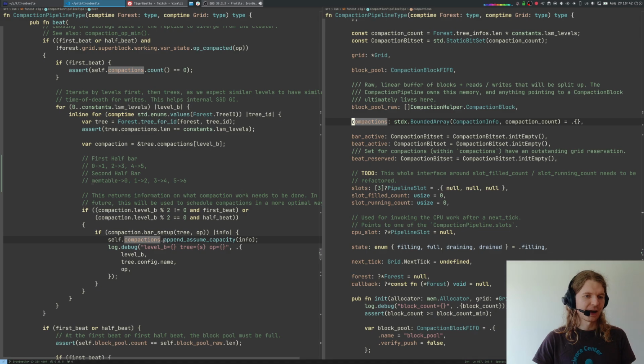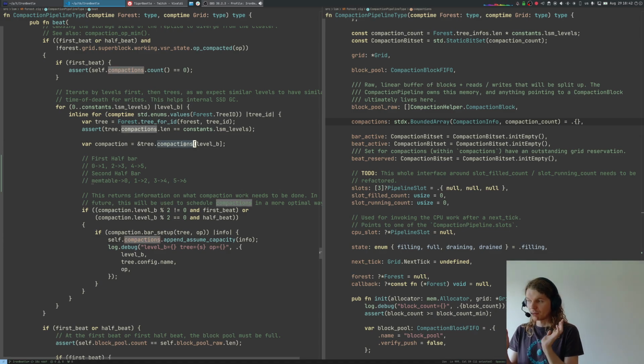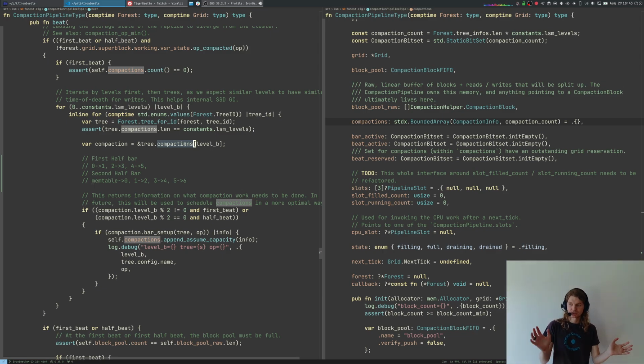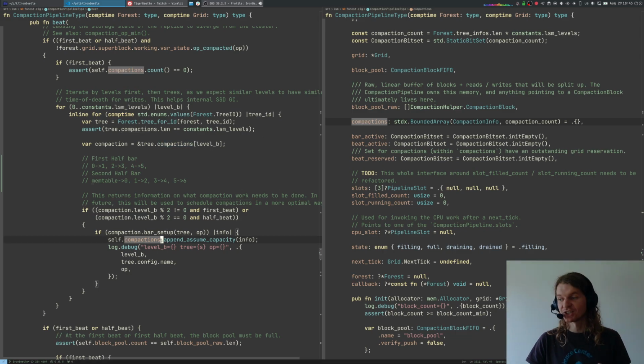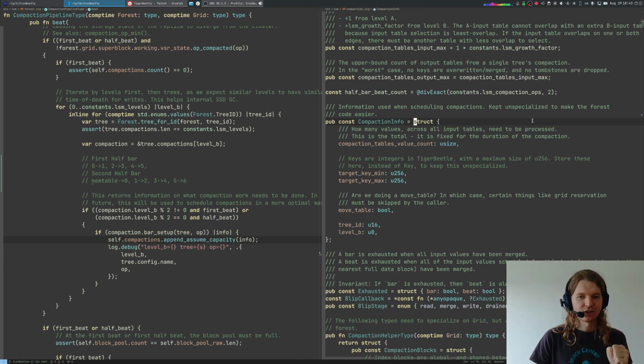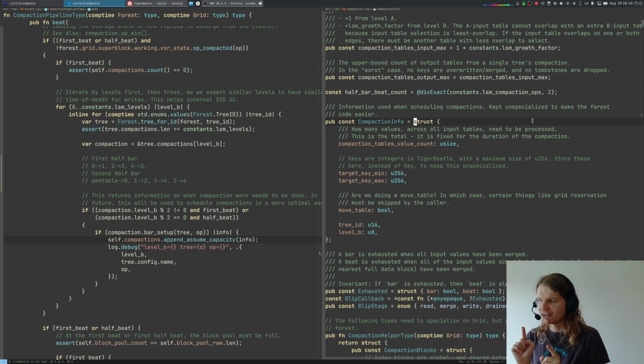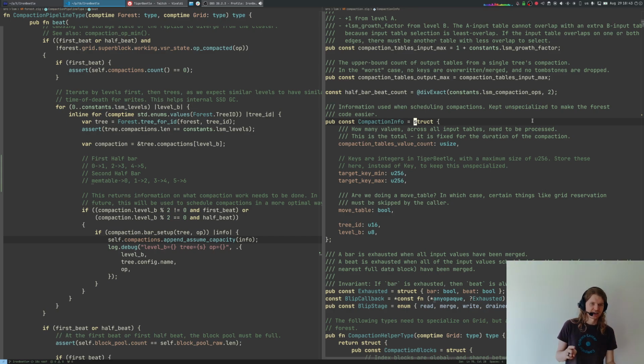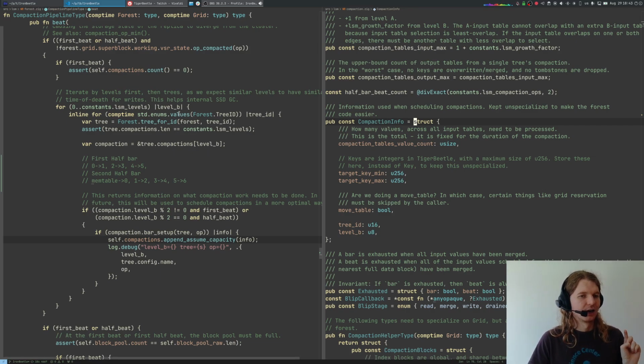So tree compactions are just memory allocated from compactions. In fact, we always have the same constant number of compactions, but they are not always running. Compactions in the forest, compactions in the compaction pipeline, on the other hand, are the compactions which are running. And this is curious. This is another case where we play this game of dynamic versus static type, because if you see here, we are using an inline for to iterate over all the trees, because trees have different types.